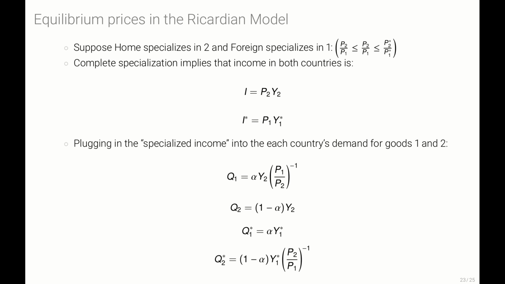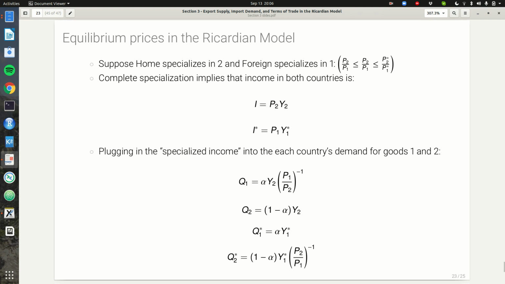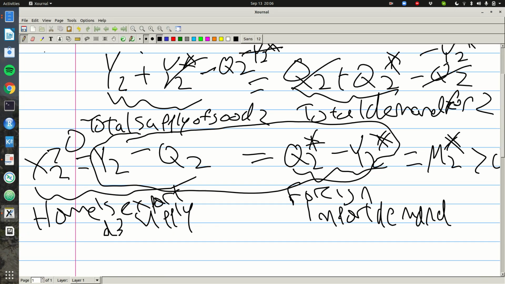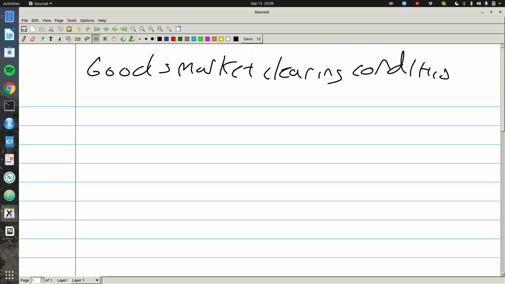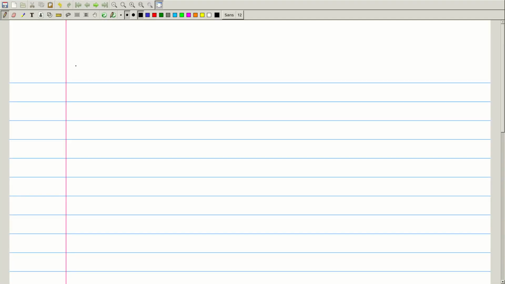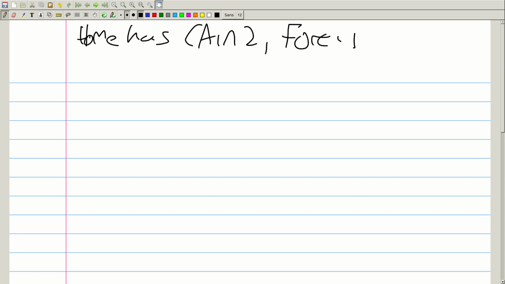So then if we just go back to each country's optimal demand, then what we'll have, and if you give me a minute to erase all this stuff, well, note that home has a CA in 2, foreign in 1.